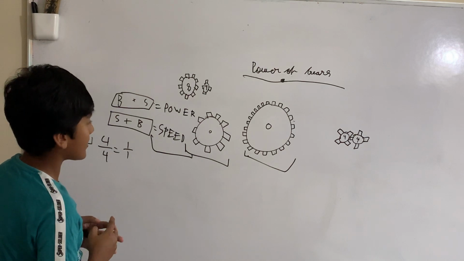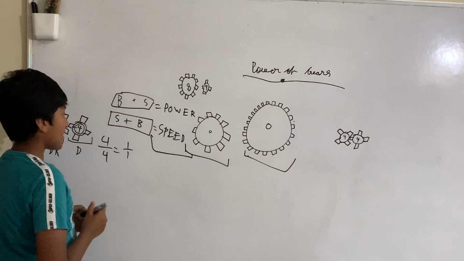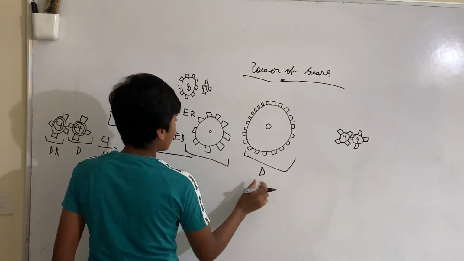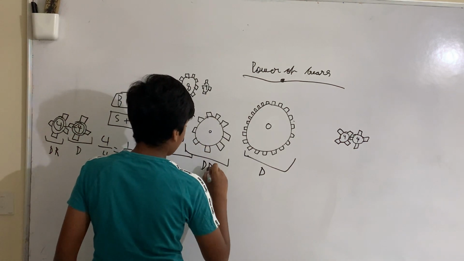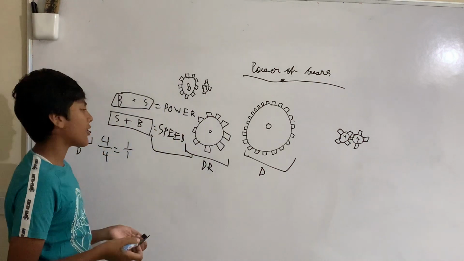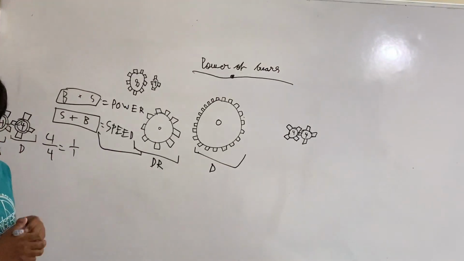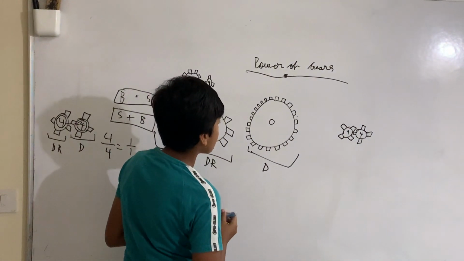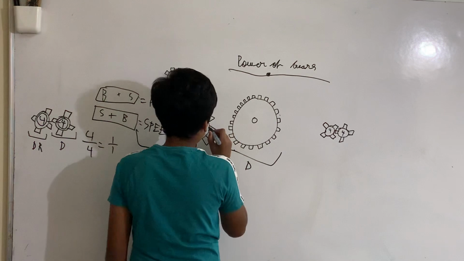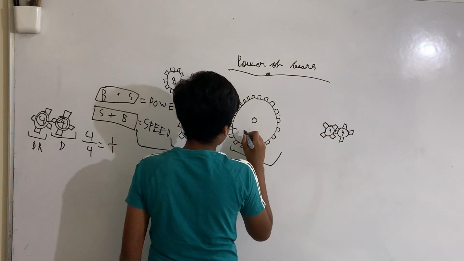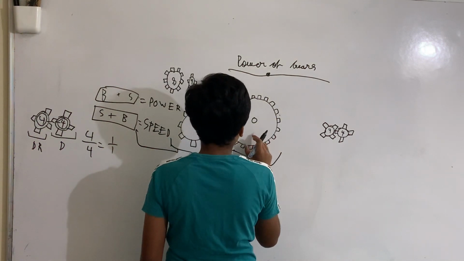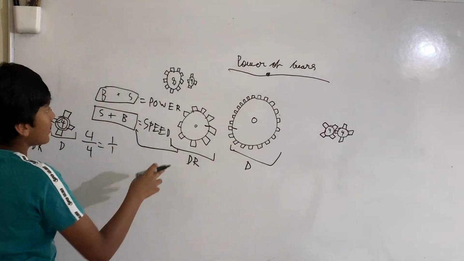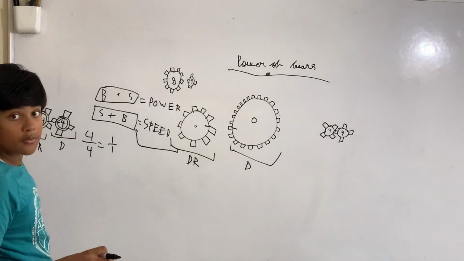Alright, we say this is our D here, the driver gear, and this is our DR, the driven gear. Or you can call it the slave gear, or the other gear, whatever you want. So we're using D, we're moving it. We put the line and start moving D. Now we're going to count how many times DR will move.